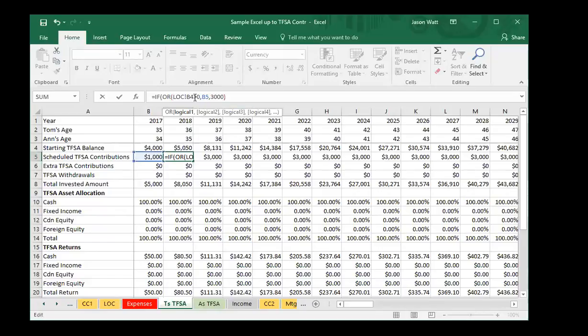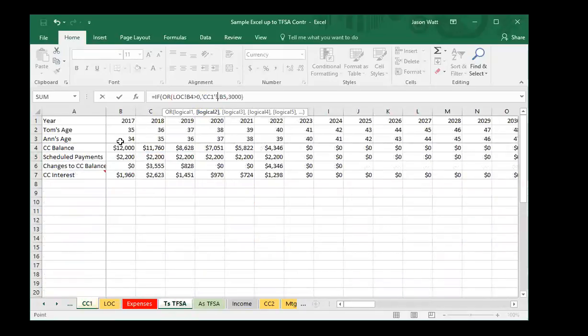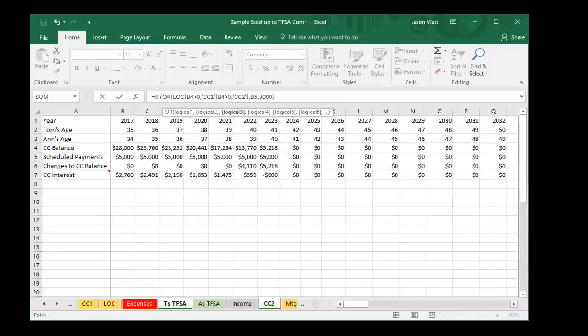So one of my logical conditions is line of credit is greater than 0. I want to do the same thing for the credit card. If the credit card balance is greater than 0, and I want to do the same thing for credit card number 2, if that balance happens to be greater than 0 as well.